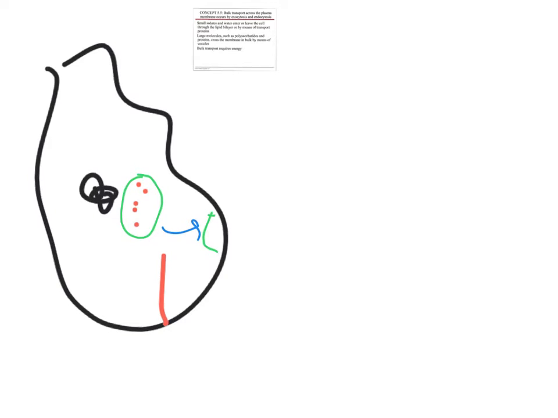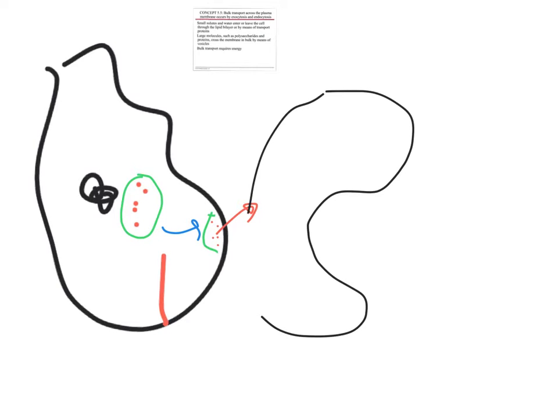So it's going to fuse, and the proteins are eventually going to be released. It'll end up looking something like this. The proteins that were inside there are now going to be released as the vesicle fuses with the plasma membrane.